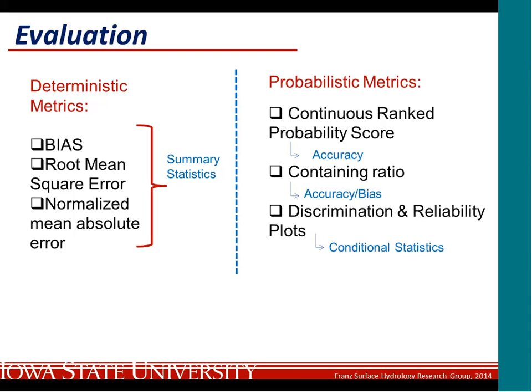For the probabilistic forecast, we're looking at the continuous ranked probability score, which is a measure of accuracy of the ensemble, the containing ratio, which tells us the frequency with which the observation is contained within the ensemble, and then discrimination and reliability, which you're probably familiar with. I'm not going to actually show these, but I'll mention briefly what we found.